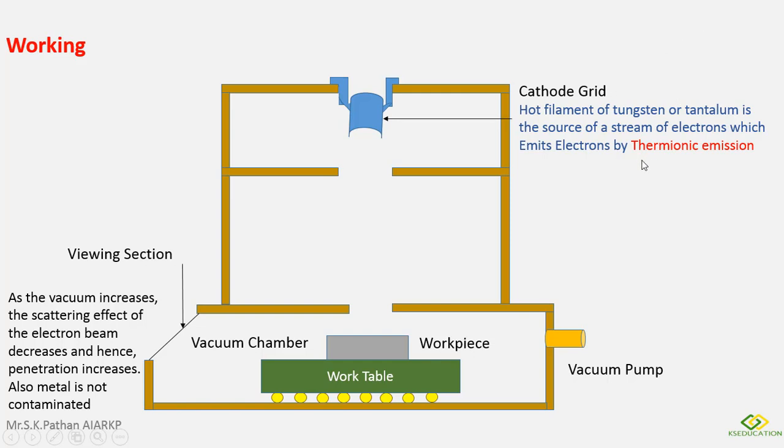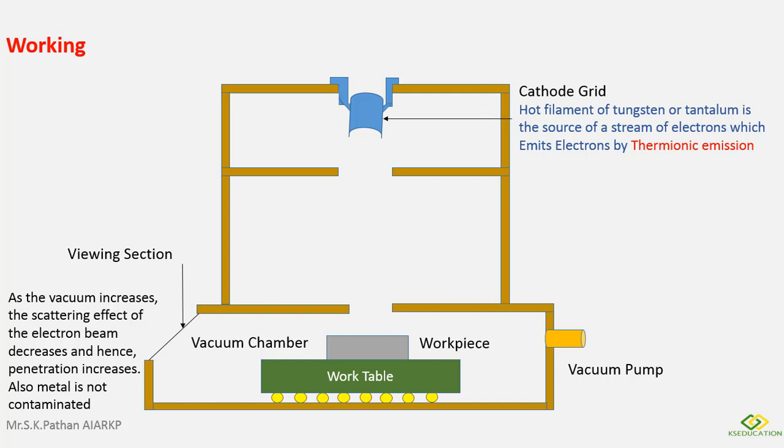Thermionic emission means that if we heat some material at a certain voltage and certain temperature, because of that heating, the material starts to liberate electrons, and we require that in this case.